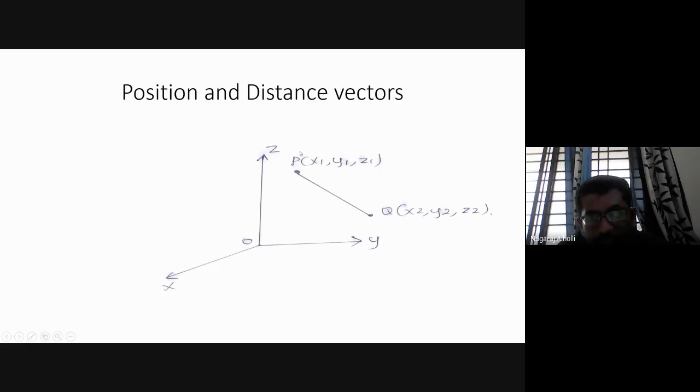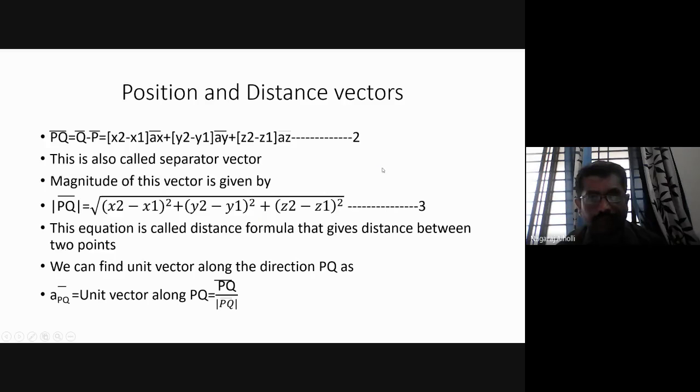We have to take the same corresponding coordinates. You cannot subtract x2 minus y1 or x2 minus z1. Here the x coordinate is x2, here the x coordinate is x1. So you have to subtract the corresponding components: x2 minus x1 into ax bar plus y2 minus y1 into ay bar plus z2 minus z1 into az bar.